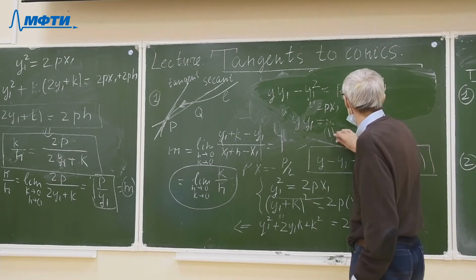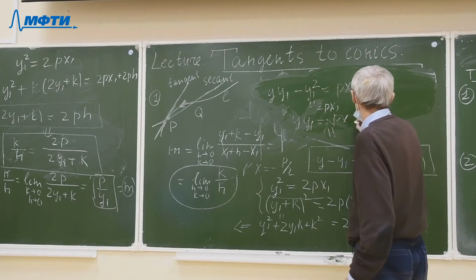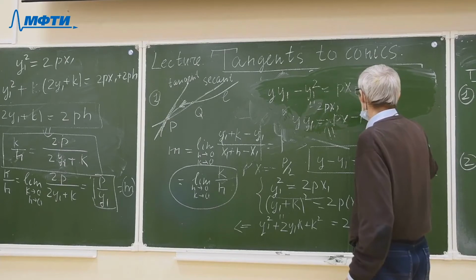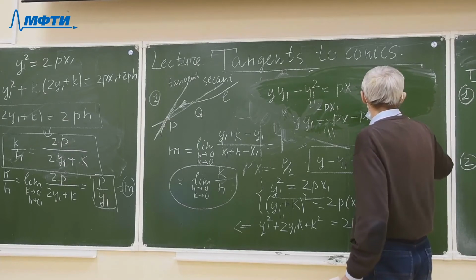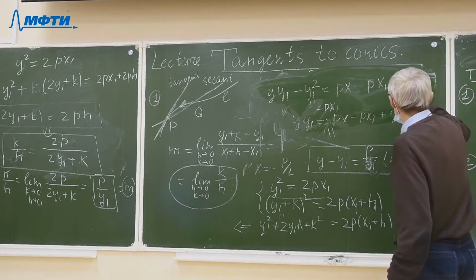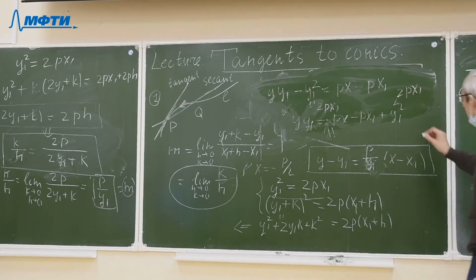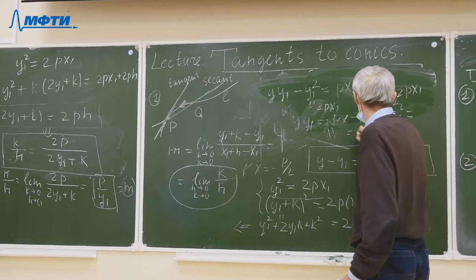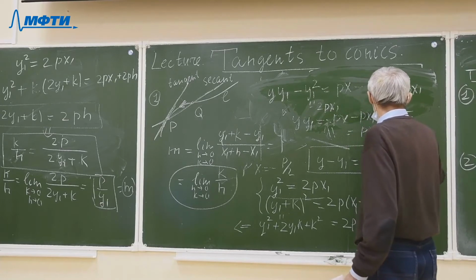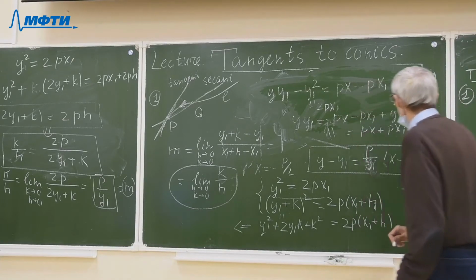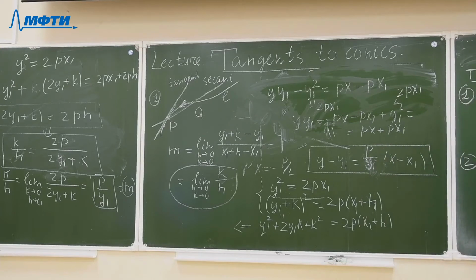The final form of our equation is the following: y1 y minus y1 square is equal to px minus px1, so y1 y is equal to px plus px1.